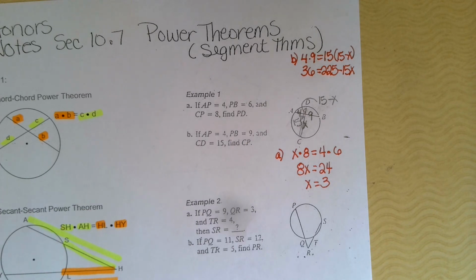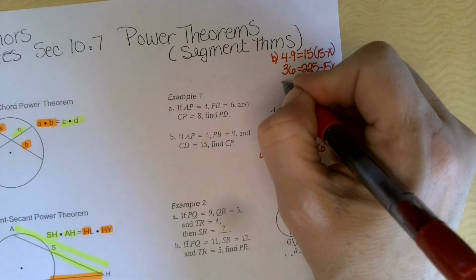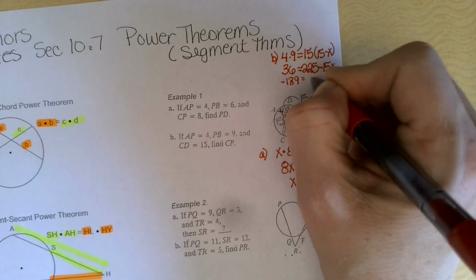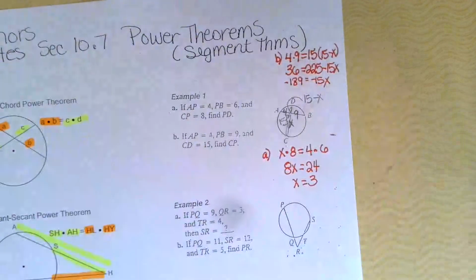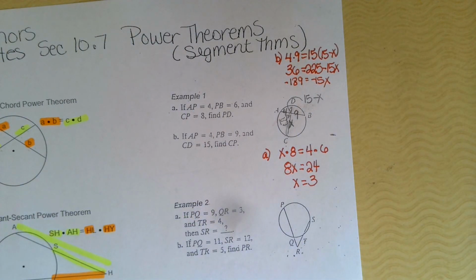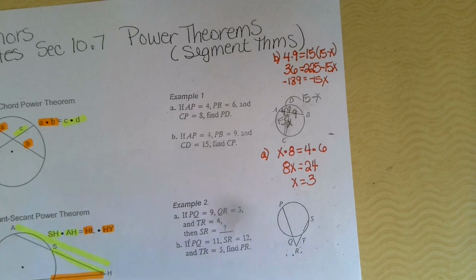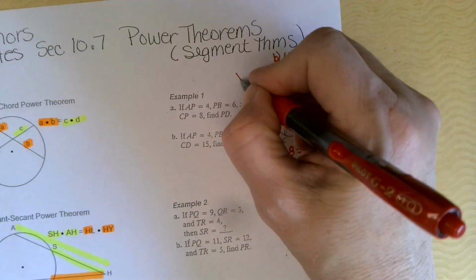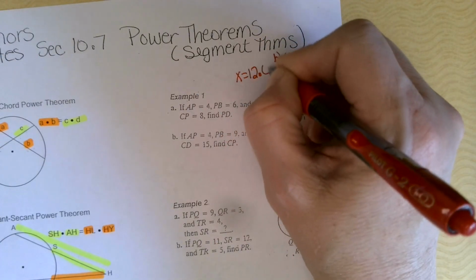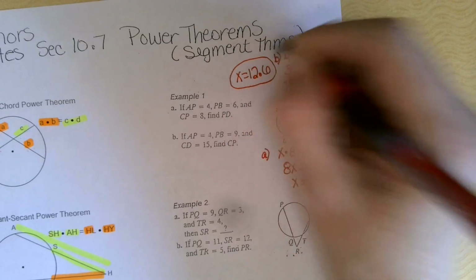So 36 minus 225 is negative 189. And then divide by negative 15, and you get positive 12.6. And it is okay to have that decimal answer.